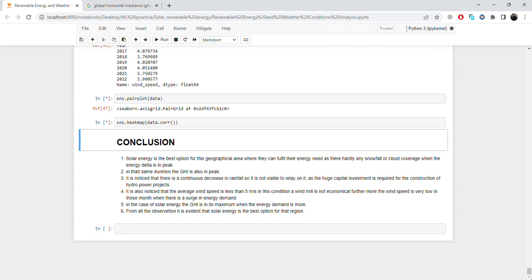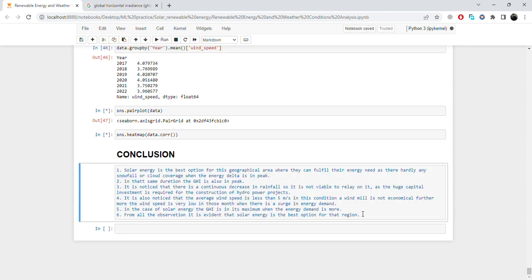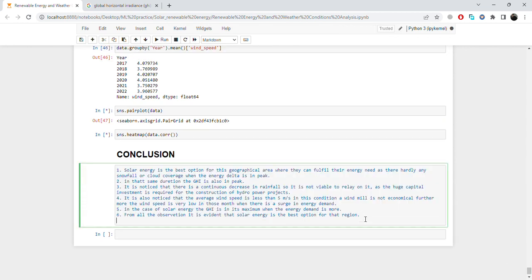Now we'll go for the second analysis. In the case of solar energy, GHI is maximum, although we discussed that here. And I just missed one thing. This is wind energy.